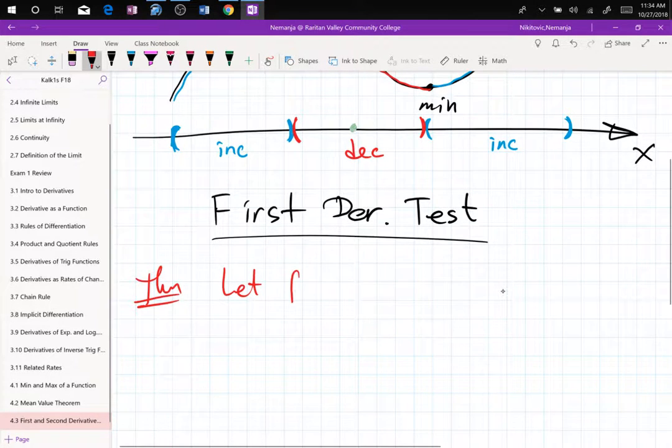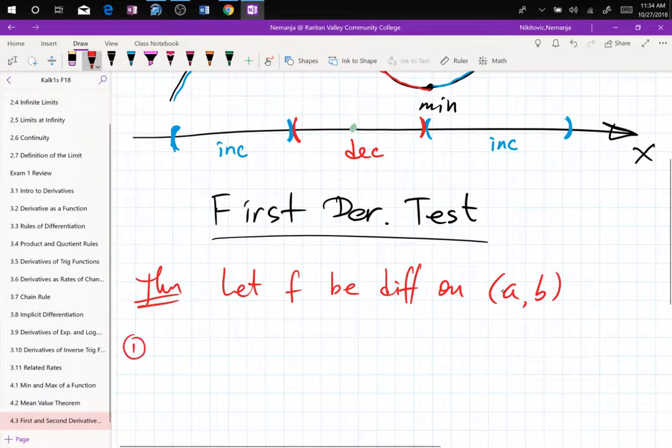Let f be differentiable on some interval a, b. So now we have number one, if the first derivative calculated at value c, oh, I forgot to say, and c is an element of a, b, so it's somewhere in this interval.